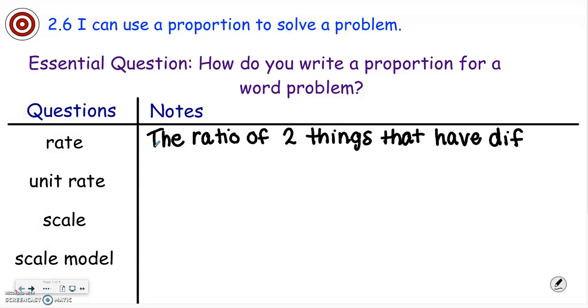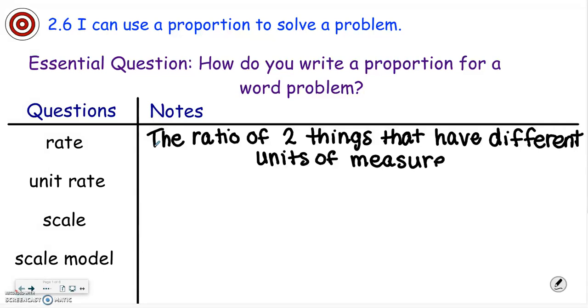Units of measure are like the labels. So an example of a rate would be like $5 for 2 burgers.